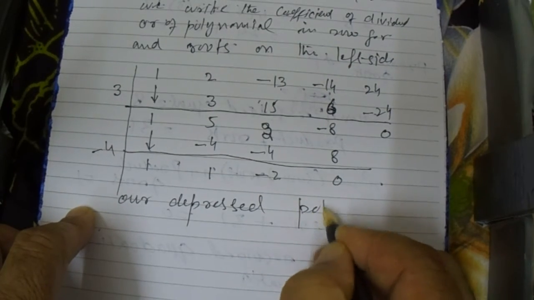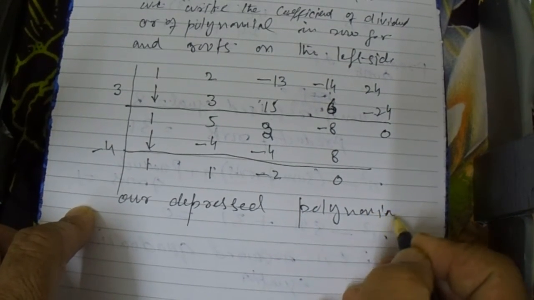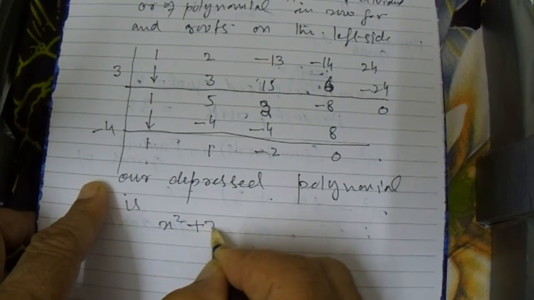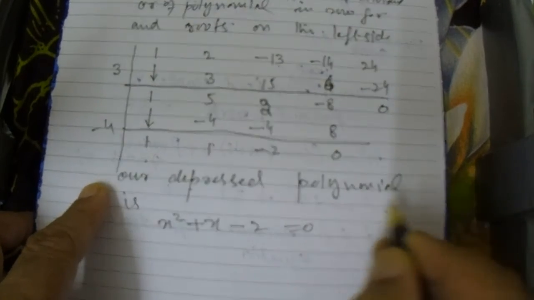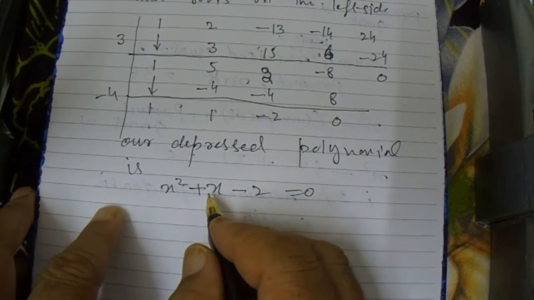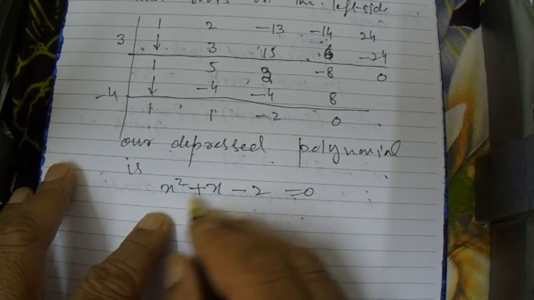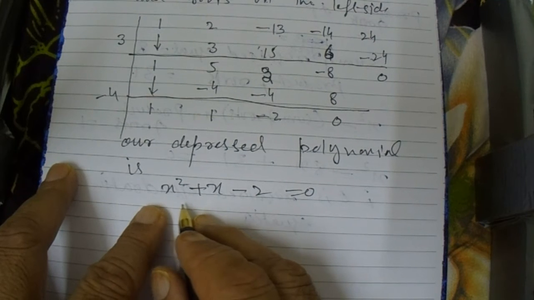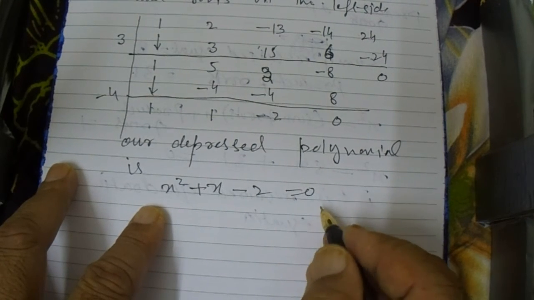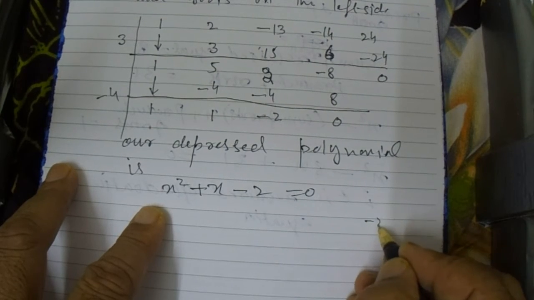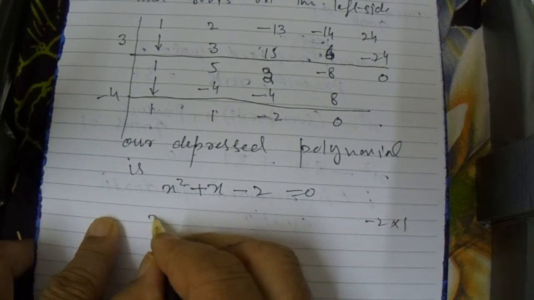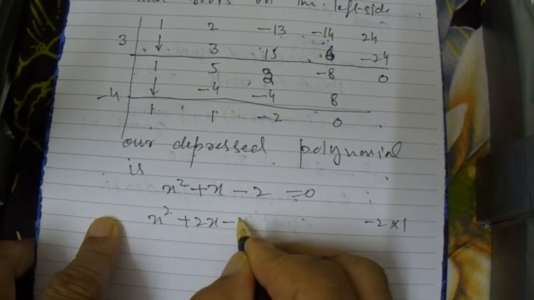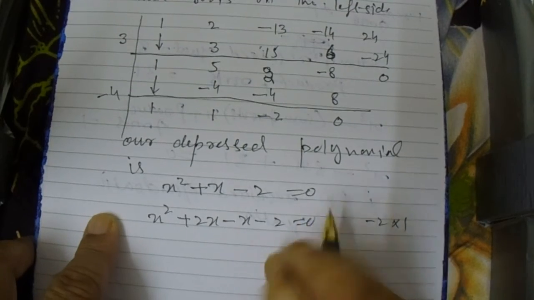Now our depressed polynomial is x² plus x minus 2 is equal to 0. Now we make the factors of this: x² plus x, and -1 multiplied by 2, these are our factors. x², we write plus 2x and minus x, and minus 2 is equal to 0.